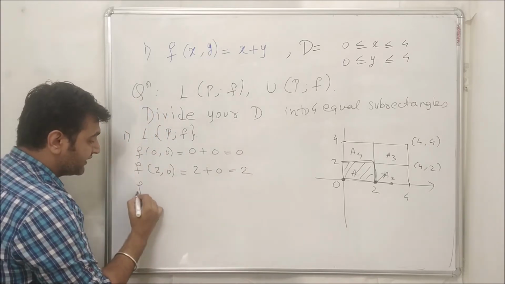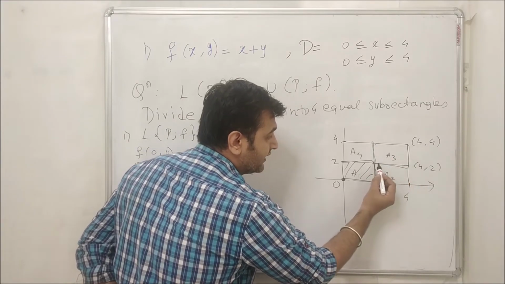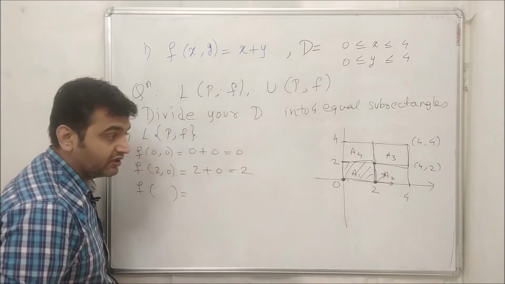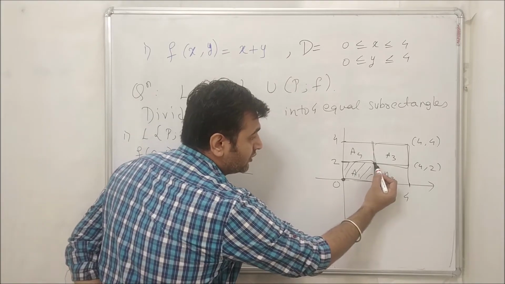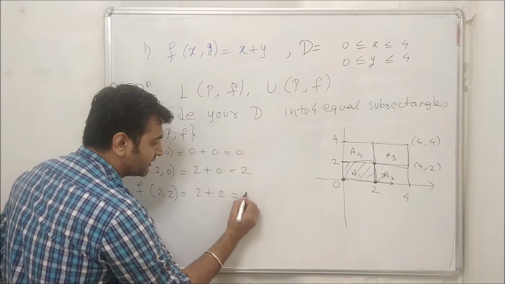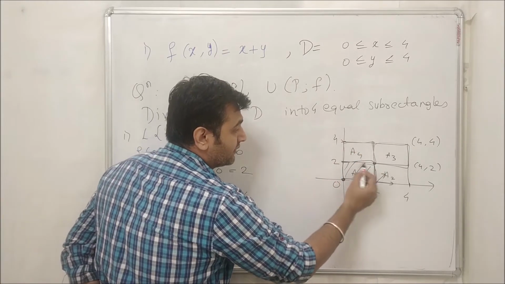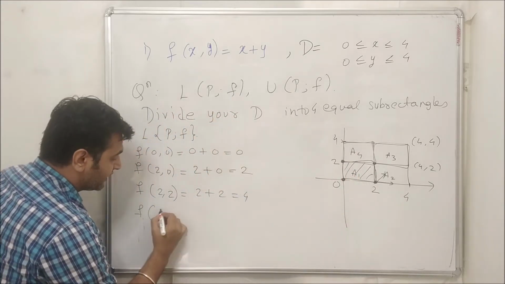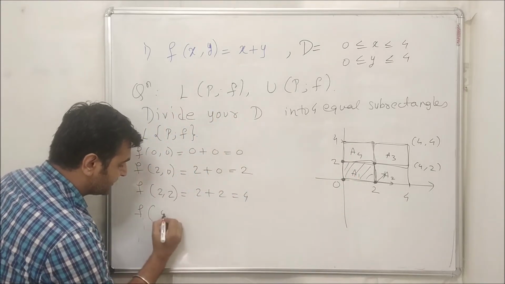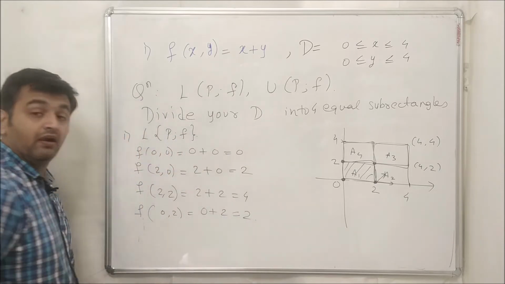Now for A3, again it will be the bottom left corner, (2, 2). So f(2, 2) is 2 plus 2, which is 4. For the fourth rectangle, again at the bottom left corner the function takes the minimum value, which is (0, 2), giving 0 plus 2, equal to 2.